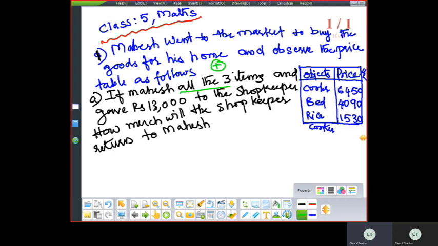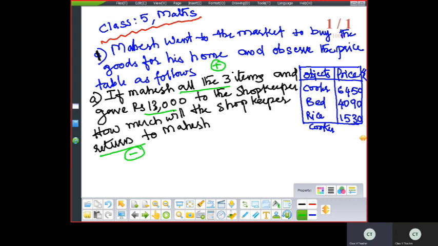The total amount of all the three items is not known, but he gave 13,000 to the shopkeeper. Now, how much amount from 13,000 will the shopkeeper return? Return means what? Subtraction. That means, first of all, you have to count all the three items total and find out the sum of those items.